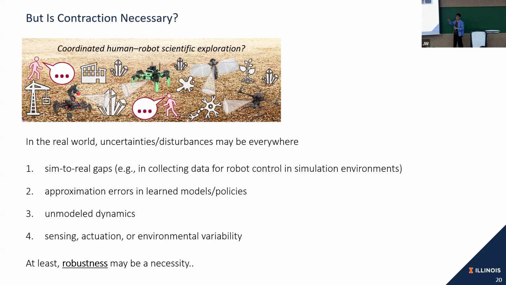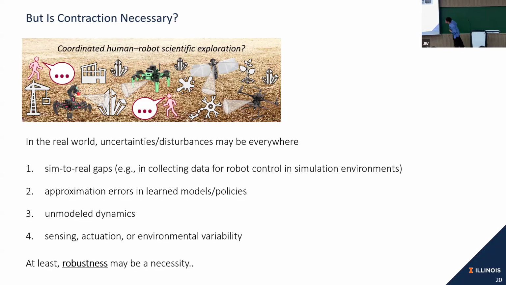But then the sim-to-real gap could act in a bad way, as you saw in the previous experiment, right? The sim-to-real gap could accumulate as your trajectory propagates. And if your underlying dynamics is chaotic, this small perturbation will accumulate and make the system diverge. So these things could happen. If you learn policies and models, your neural network model, if it is learned imperfectly, can also act as a disturbance or uncertainty. And it could happen that the dynamics is chaotic and very sensitive to perturbation.